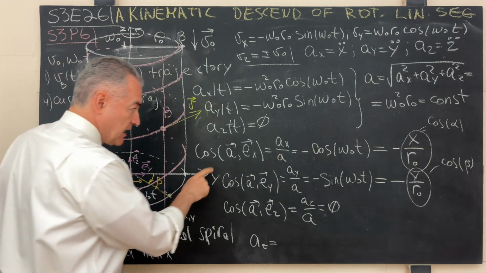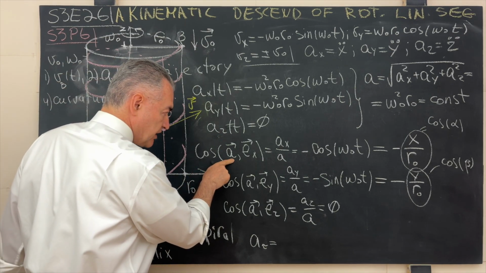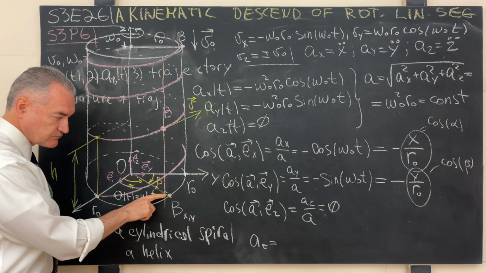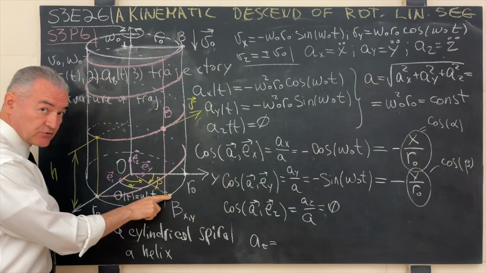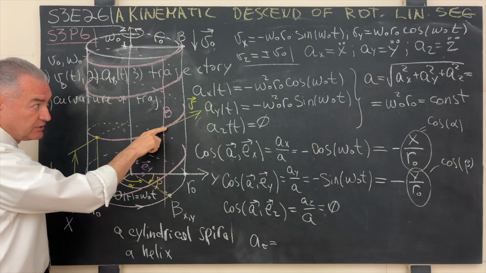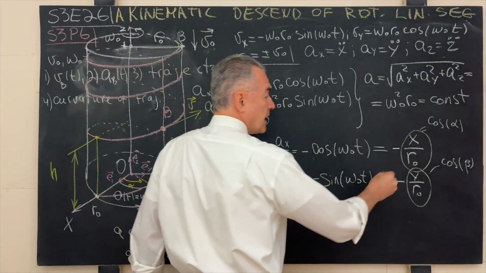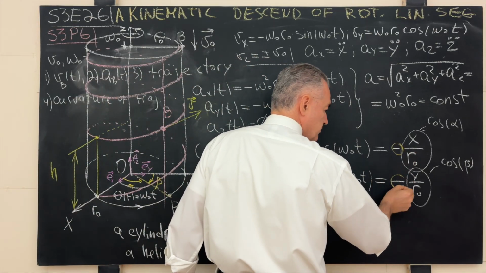That means that the direction cosines for the acceleration vector and the direction cosines for the radius vector for the position of our point B differ only by what? They only differ by the sign, but not by the magnitude.